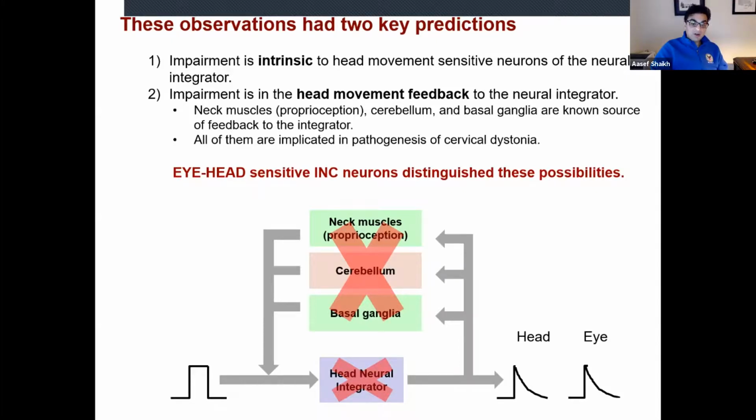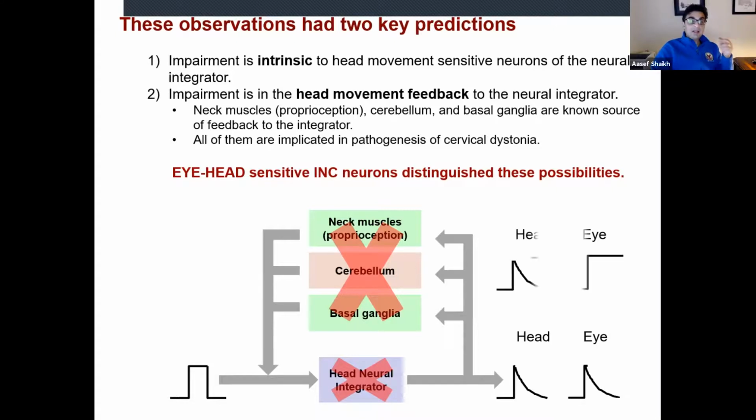The eye-head neuron itself would be affected. But if the problem is with the feedback, then the same cell will have a persistent firing rate if the patient is moving the eye, but if the patient moves the head, then there won't be persistence in the firing rate, right?